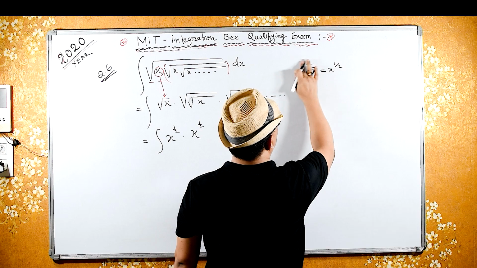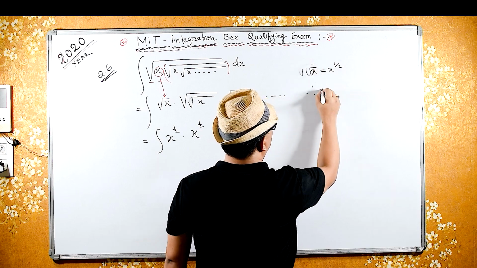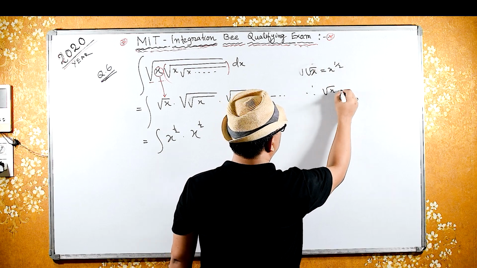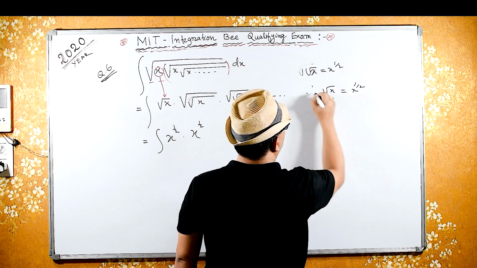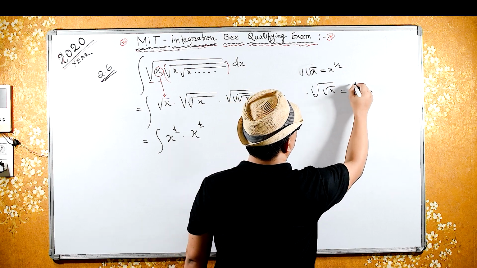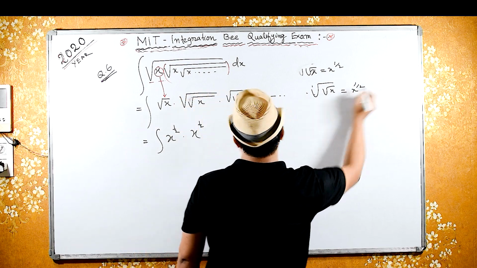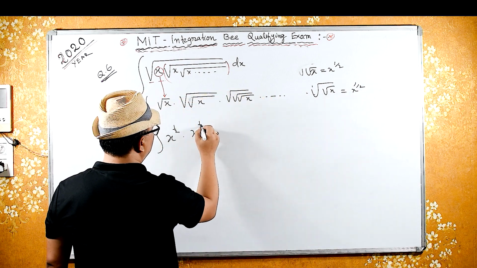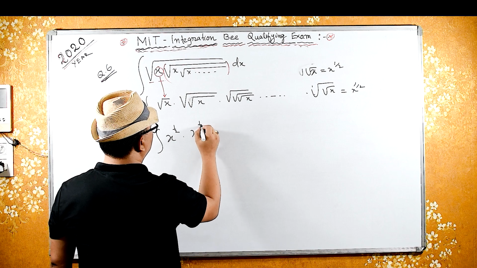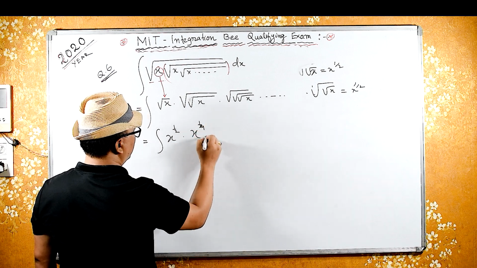Now this is therefore x raised to half. Again if I put here, it will be half into half, so you can say 1 by 4.